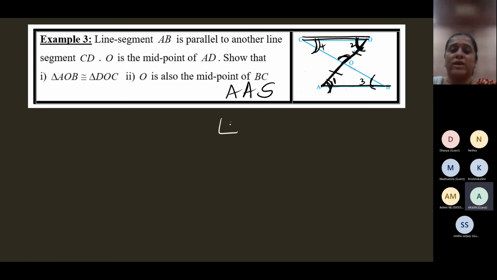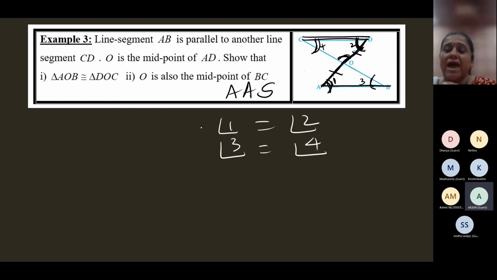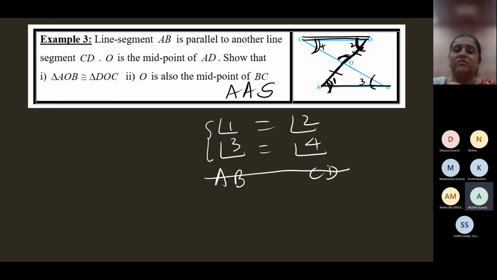If you write angle 1 of the first triangle is equal to angle 2 of the second triangle, angle 3 of the first triangle is equal to angle 4 of the second triangle, then for angle 1 and angle 3, AB is the included side. For angle 2 and angle 4, CD is the included side. But we have not written AB is equal to CD because it's not given.